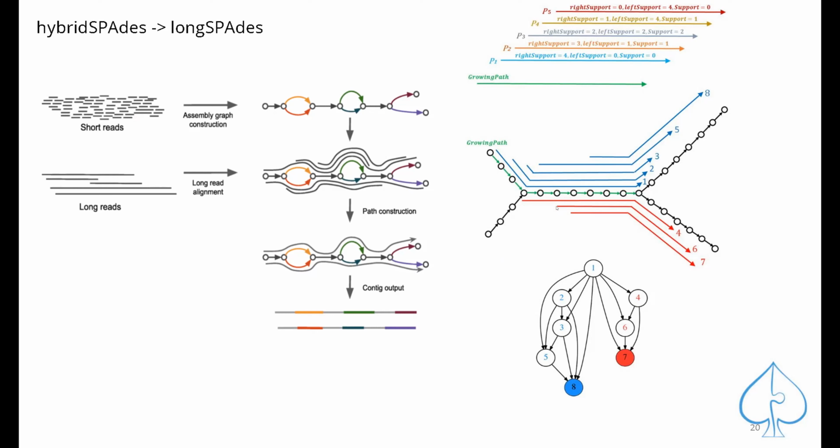And by that, it attempts to find the major graph, which can be representative of some part of the genome.